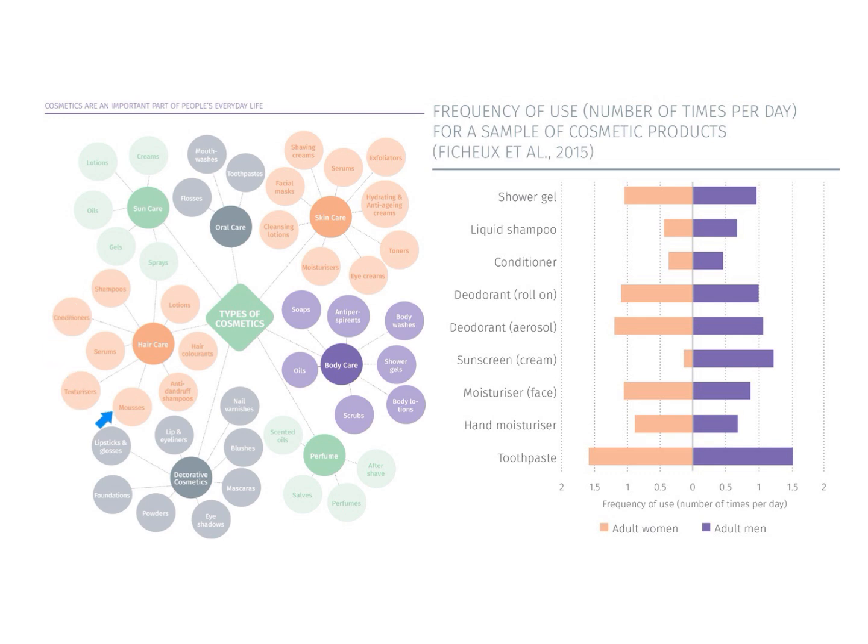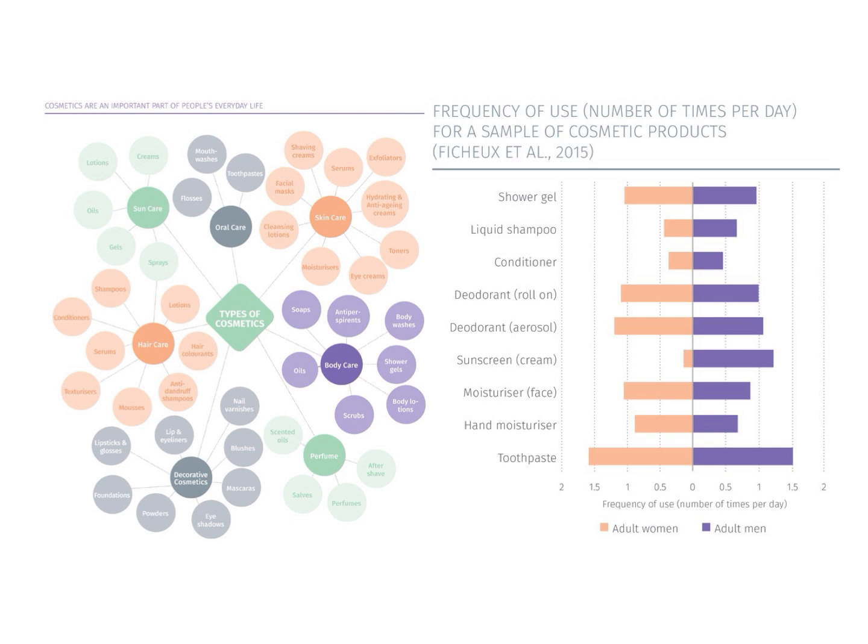And we can see shampoos and serums, mousses, hair colorants, decorative cosmetics, like some of the things I think we naturally think about: eyeshadow, mascara, blushes, nail varnishes, that's like nail polish, perfumes, body care, soaps, deodorant, body washes, shower gels, scrubs, oils, body lotions, then skincare, facial masks, shaving cream, exfoliators, toners, eye cream, and then oral care, flossers, mouthwashes, and toothpaste. So all of these are different cosmetics that are part of people's everyday lives.